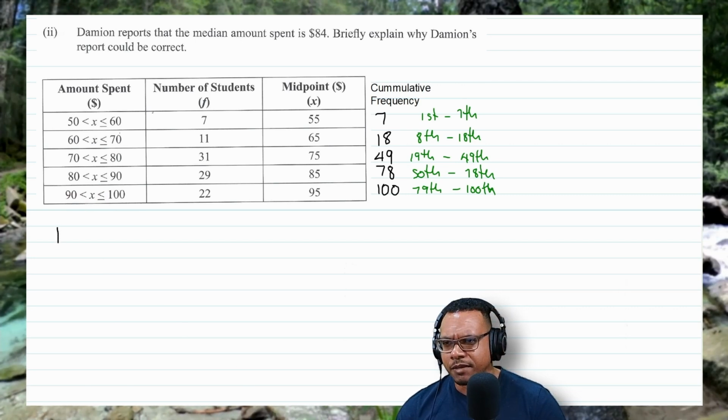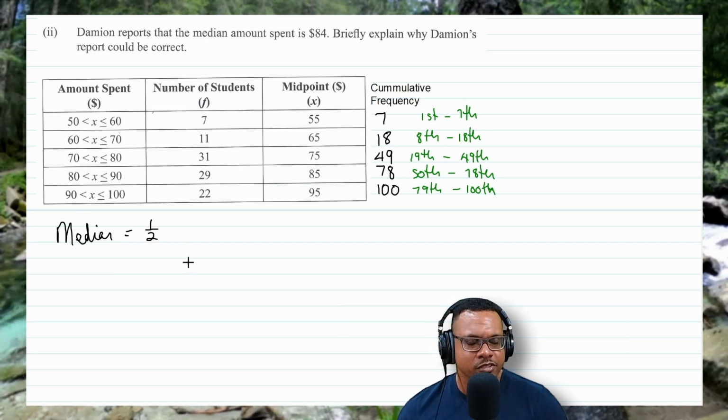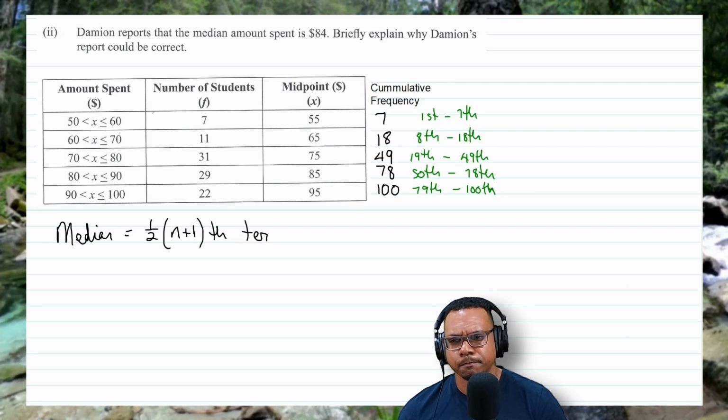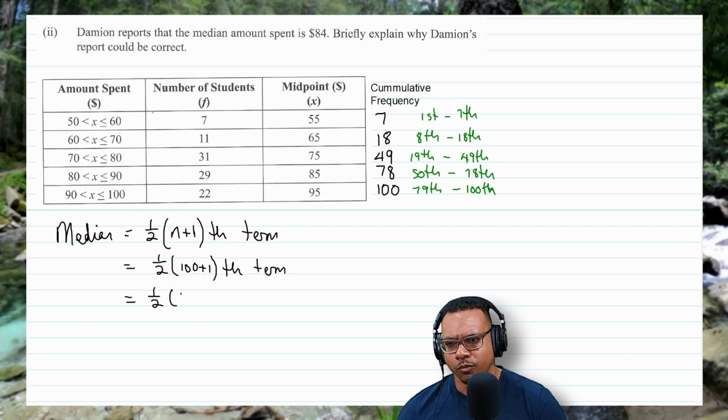All right, so I'm going to say my median is equal to half. When we're on the cumulative frequency curve, we just say a half of n, and here n is 100. But when we're on the table, we'll say the n plus 1 term. So that's going to be a half of 100 plus 1. So that'll be a half of 101, which is equal to 50.5.